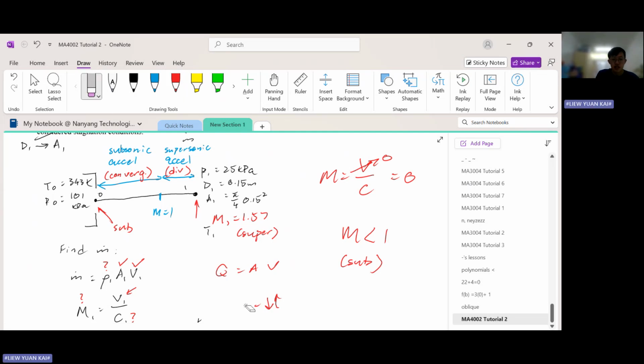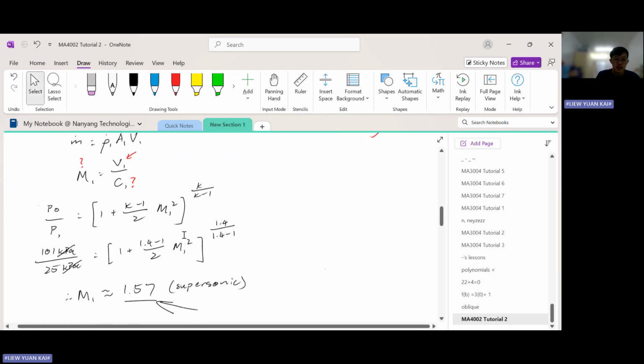But supersonic flow is counterintuitive. It does the opposite thing. Expanding area will make it faster. Contracting area will make supersonic flow slower. So it's counterintuitive. So you see, the nozzle has to converge at first and diverge later.